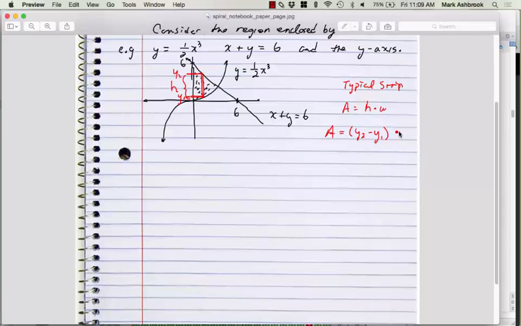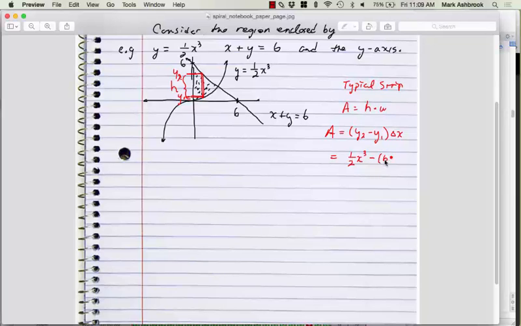The width is delta x. So now we need the whole thing in terms of x. y2 equals, in terms of x, 1/2 x cubed. All right? We'll go with it. And then y1 is 6 minus x.